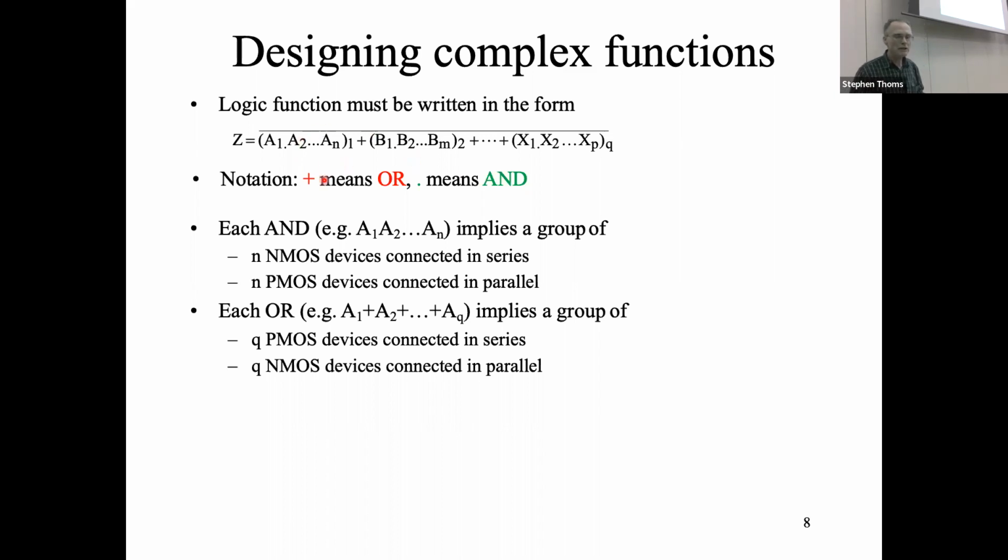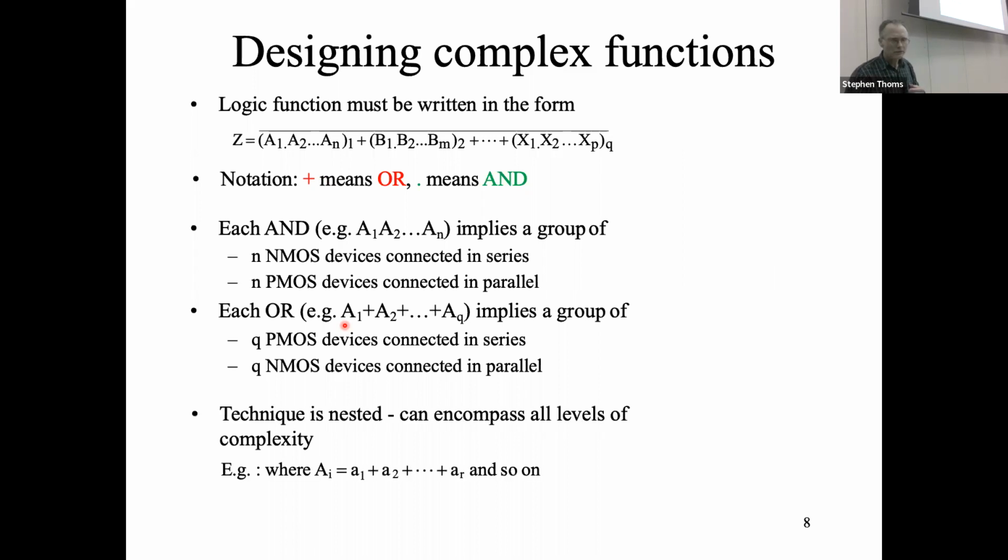So every AND means you have NMOS in series, PMOS in parallel. Every OR is the other way around. And if you do that, you can nest it, and you can have as much complexity as you want, because remember, once you've got one block working, you can just put the next block in parallel or series with it.